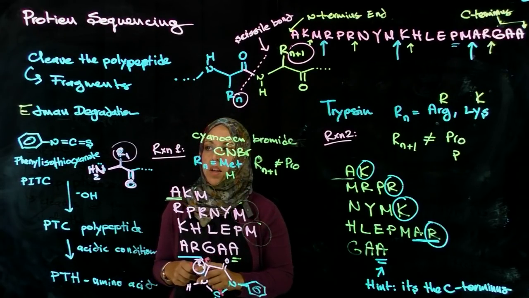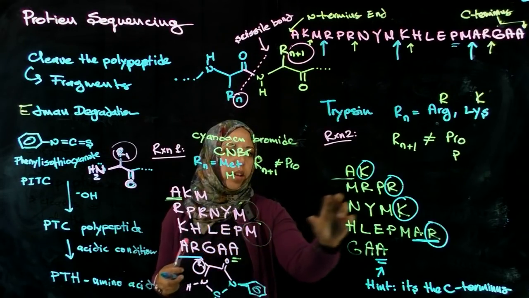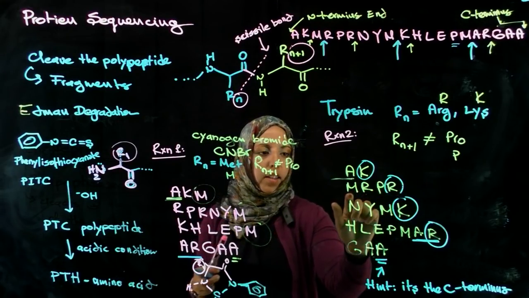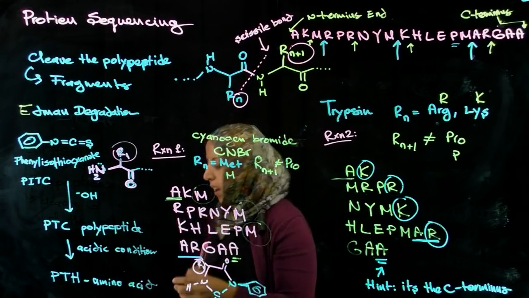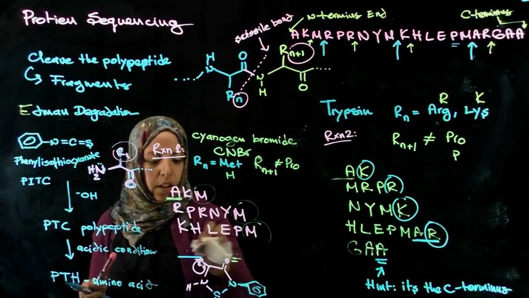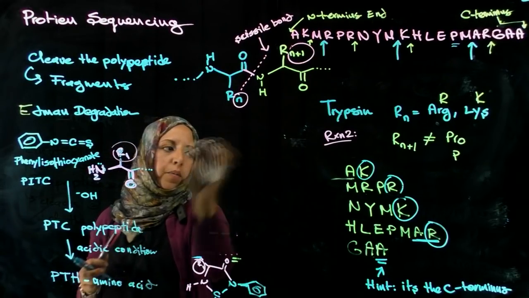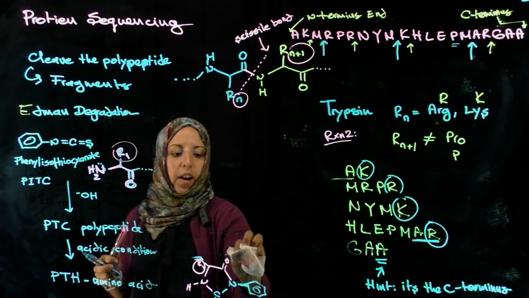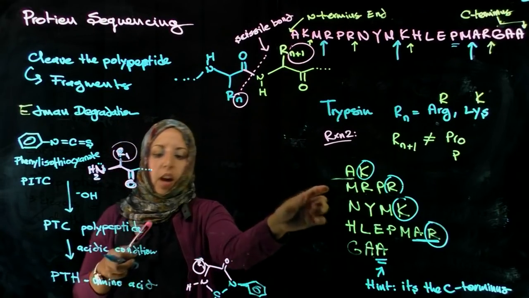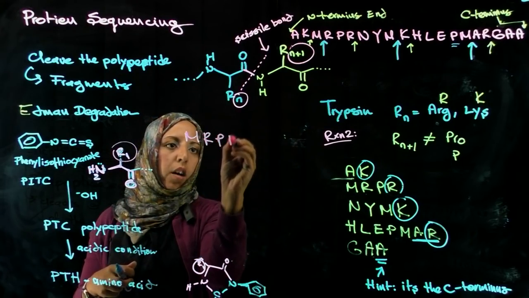So that's one cycle of Edman degradation. So suppose you're trying to determine the identity of each amino acid in that particular sequence. We'll just take that as an example. I'm going to erase all of these because we're done with that particular problem. So suppose you're trying to identify the sequence using Edman degradation of a peptide that has the sequence MRPR, right?